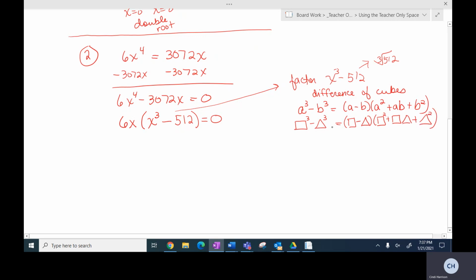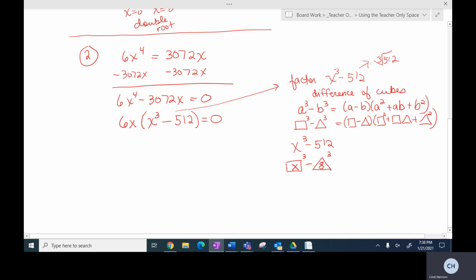Okay, so here's what we need to do. I have x cubed minus 512. I need to rewrite it as something cubed minus something cubed. So the first box would have an x in it because x is cubed. But for the second one, you need to think what number times itself 3 times would equal 512, and it comes out to be 8.